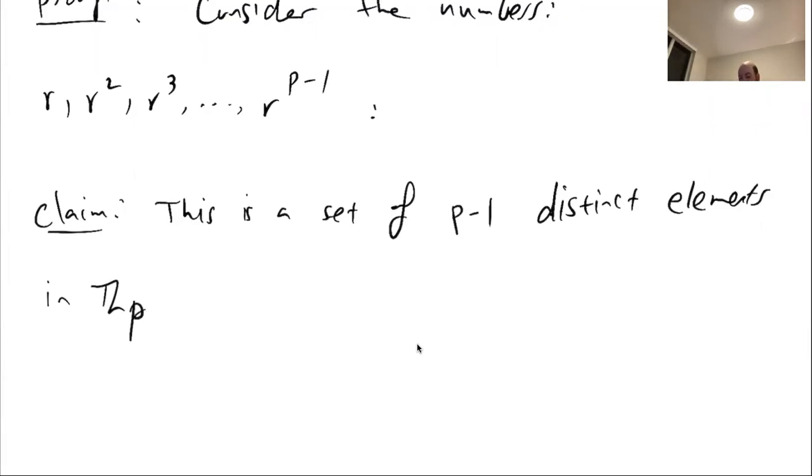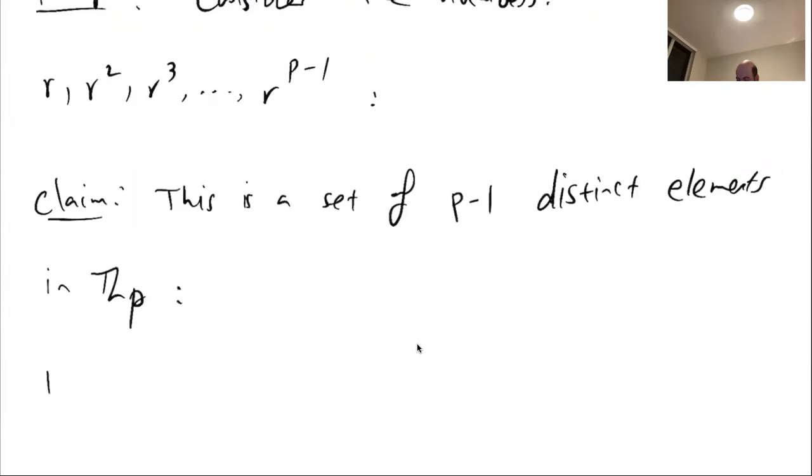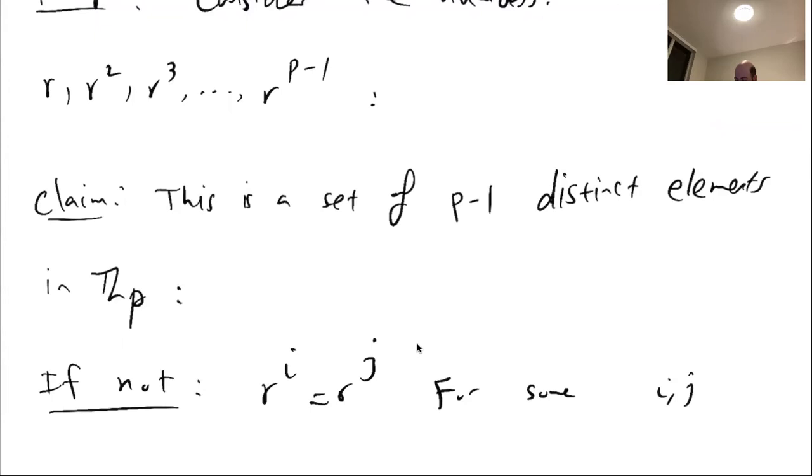Why are they distinct elements? If not, what would we have? We would have, let's say, r to power i equals r to power j for some i and j between 1 and p minus 1.